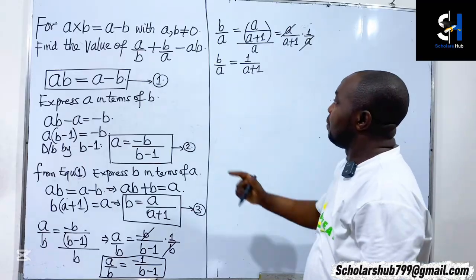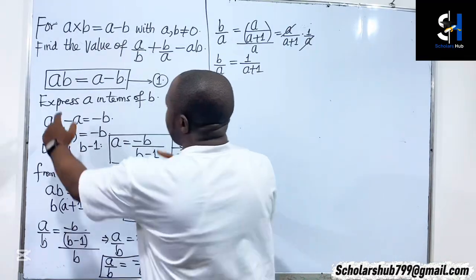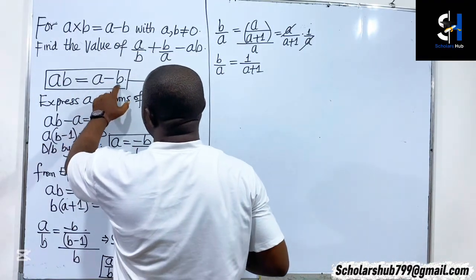All right, now we have here that ab is equal to a minus b.